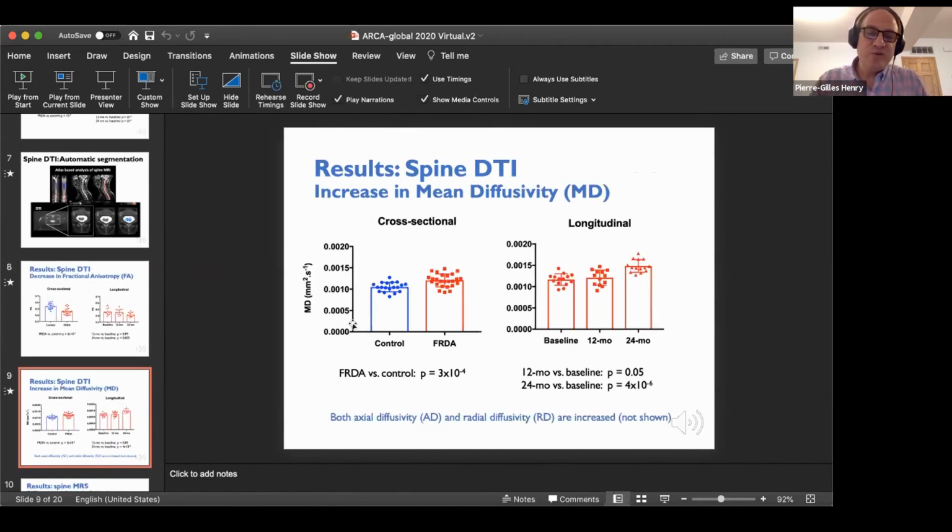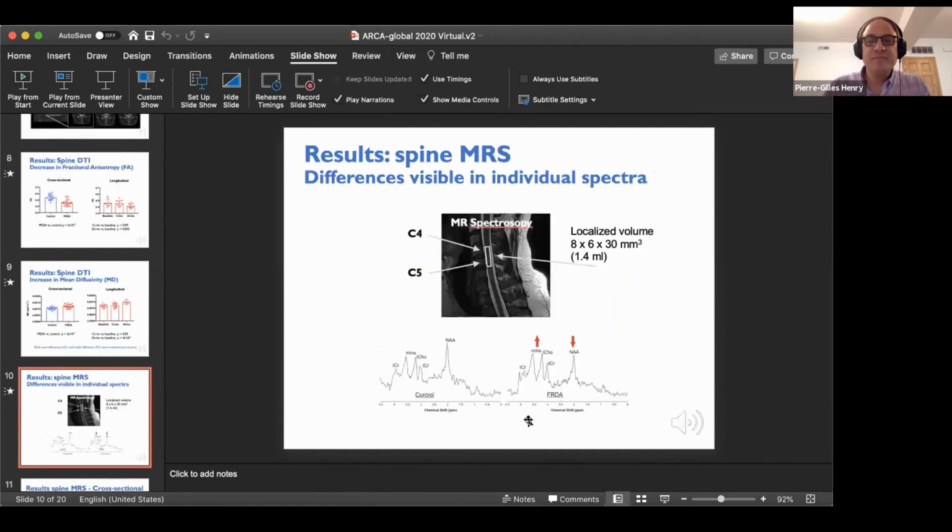And at the same time, we found an increase in mean diffusivity in Friedreich's patients versus controls, and a longitudinal increase. And we saw a similar increase in AD and RD. And for spectroscopy, we found also large differences in patients versus controls, and the changes were actually large enough that they could be seen on individual spectra from patients.